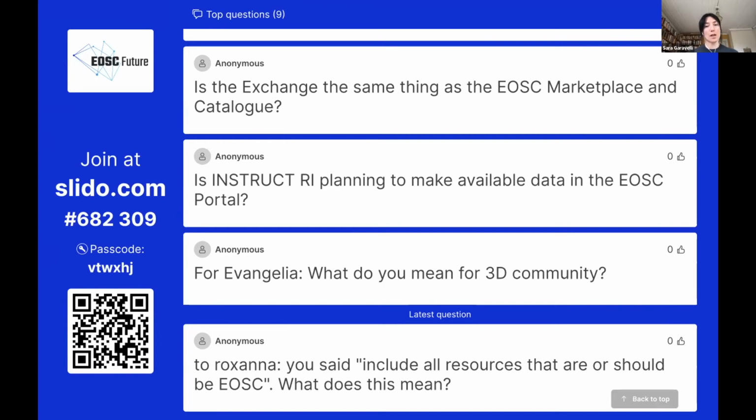No. So maybe, and I think we are running out of time, I would like to take this question for Evangelia: is Instruct, the research infrastructure, planning to make data available in the EOSC portal or through the exchange, maybe? Okay, at national level, yes, through the dashboard anyway, and the catalog of services, which we're hoping to connect with, at EU level, with EOSC and other services provided through EOSC.